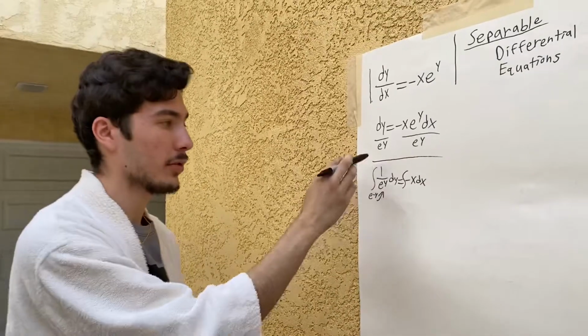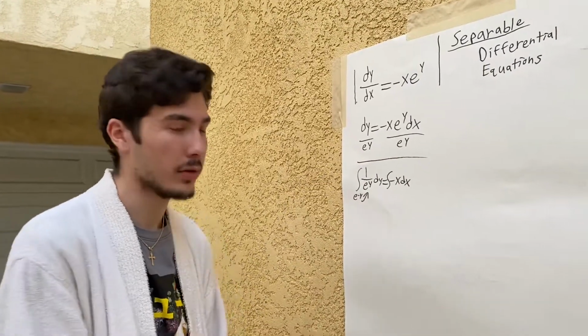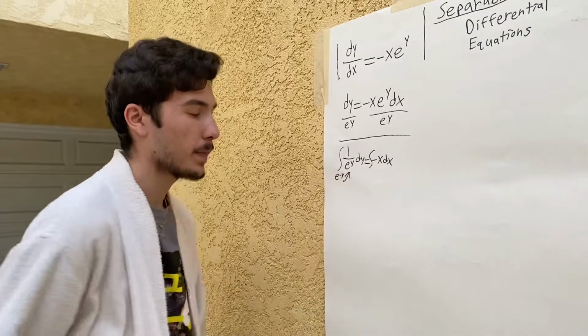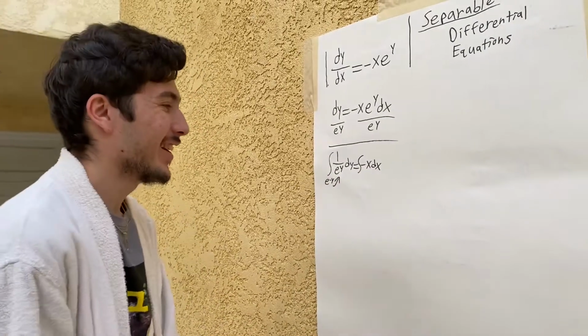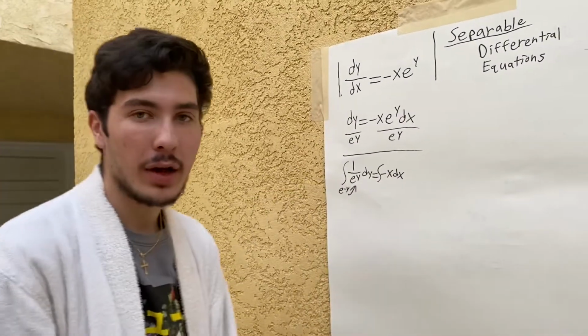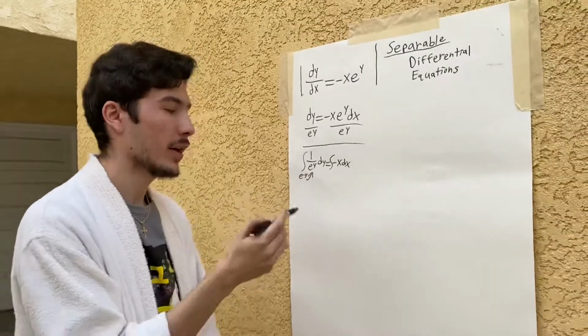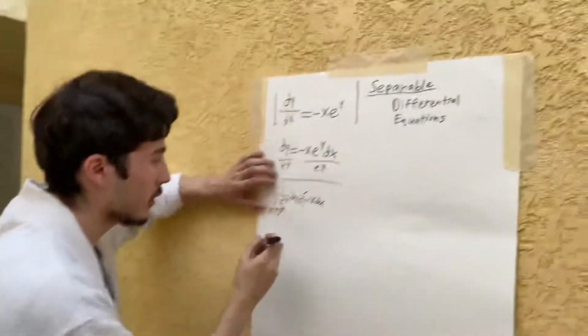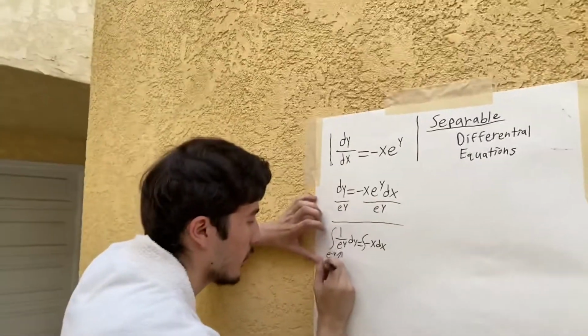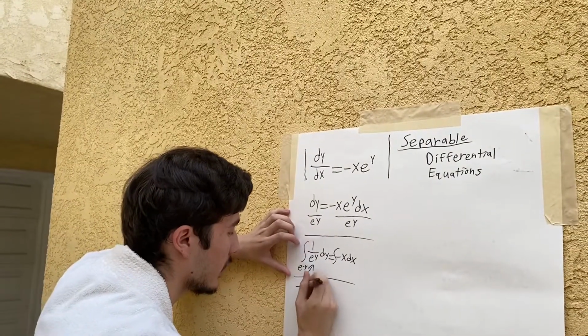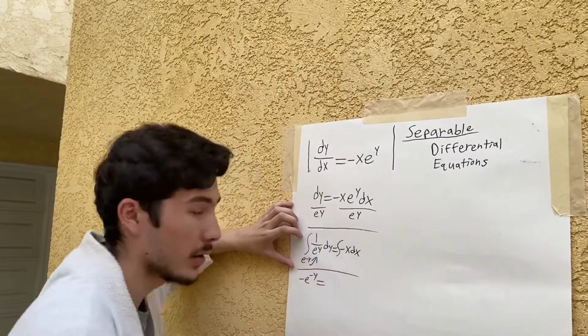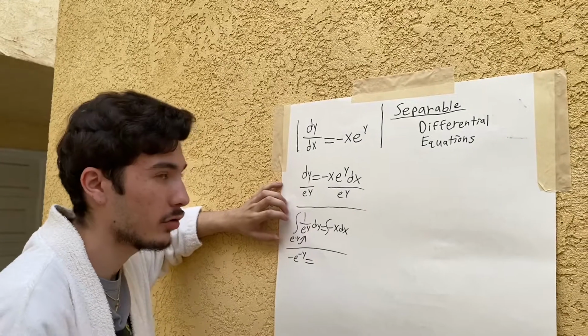It goes from the denominator to the numerator, and the exponent becomes negative as a result. The integration of e to the negative y, e is just e to the negative y, that's going to be a negative, so I'm going to multiply the whole thing by negative and end up with negative e to the negative y, and on the x side, negative x is going to turn into an x squared.